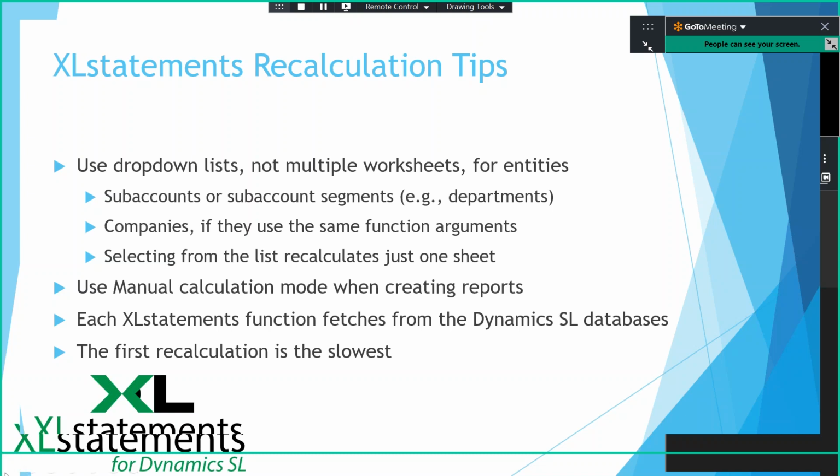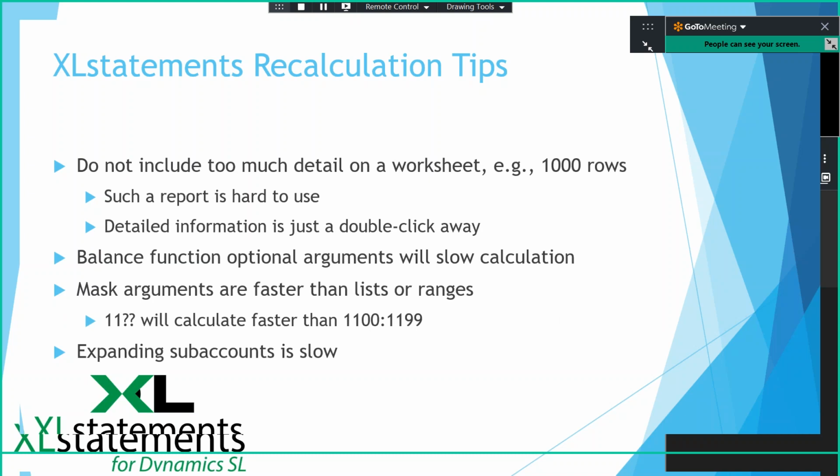And just to point out, the first time you recalculate or when you open a workbook, that's going to be the slowest. So if you recalculate later, the second, third, fourth time, you'll notice that that is faster than that first time. So some other tips: don't include too much detail on a worksheet.